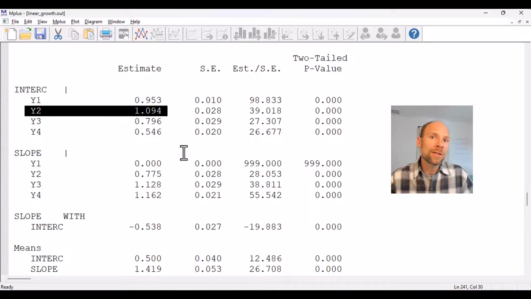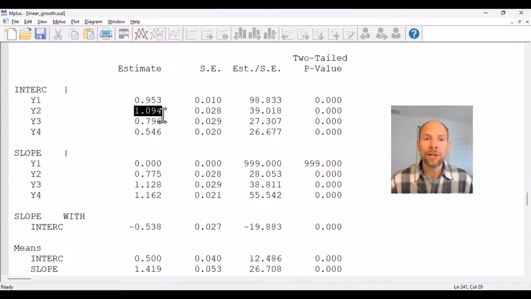It has loadings on both, and there's a covariance between intercept and slope factor. And so therefore, these coefficients here are not correlations. They are partial standardized regression coefficients, and partial standardized regression coefficients are allowed to be greater than 1 or smaller than -1, as you may know from multiple regression analysis.